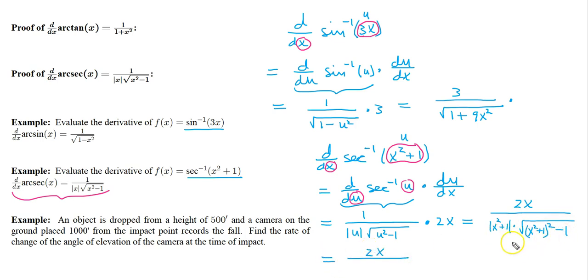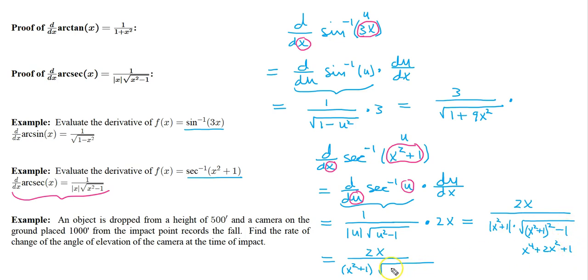And you could simplify this a little bit. Notice x squared plus 1 is always positive, so actually we don't need the absolute values here, although there's nothing wrong with leaving them in. And then foiling out x squared plus 1, that is x to the 4th plus 2x squared plus 1, and then this minus 1, so those 1's will cancel.